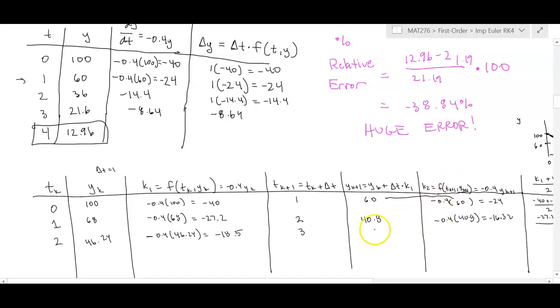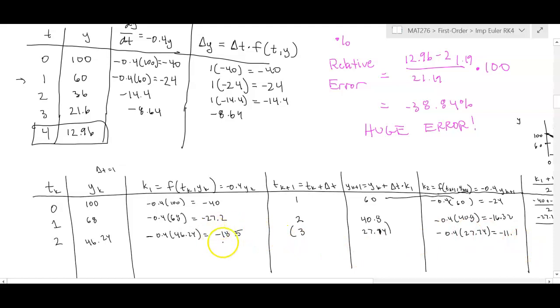So our next ordered pair would be about 27.74. But keep in mind that, again, we are going to use this new ordered pair to get a second slope: negative 0.4 times 27.74 comes out to about negative 11.1.